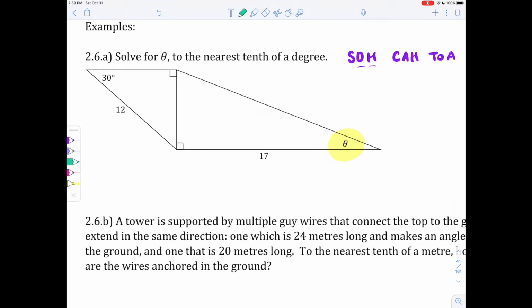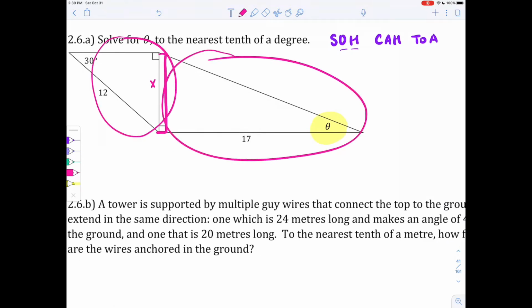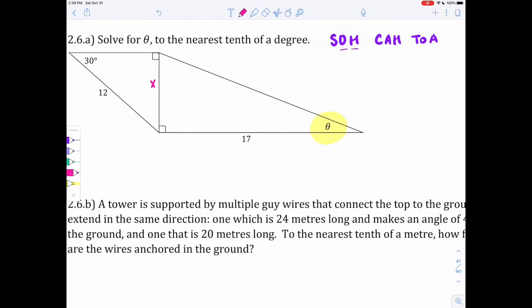So let's take a peek. I'm going to label this side length with some variable of my choosing. I'm going to choose x, just so that we have some sort of reference point to name that guy. We could call this side length x, and it'll be x in both this triangle as well as this larger triangle, because they are the same.